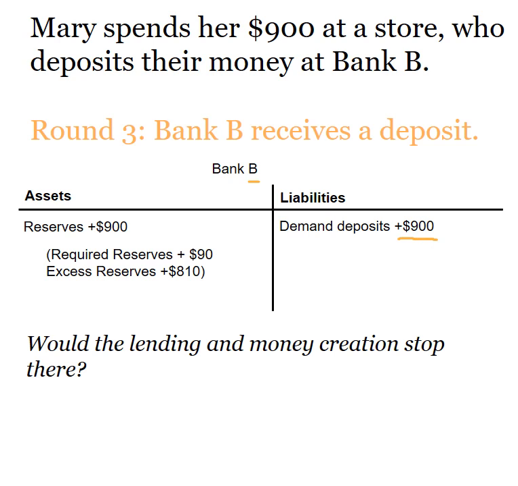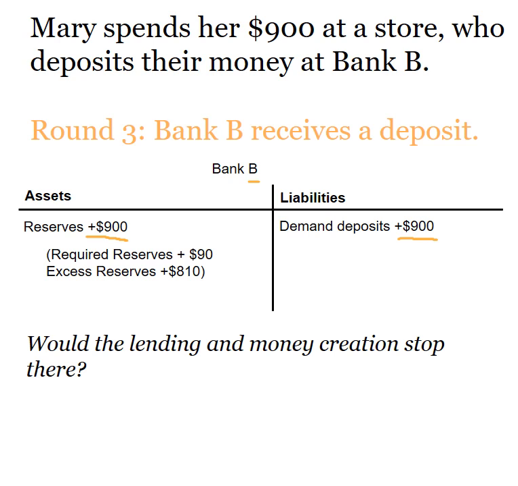Now, it is too soon for that bank to loan it out. If you deposit your money, there's not a line of people waiting at the bank right now to get that loan. So, in the immediate impact, the reserves of Bank B go up the same dollar amount as the demand deposits. Now, we're going to assume that this is in a checking account because it says demand deposit, so it's still a 10% reserve requirement.